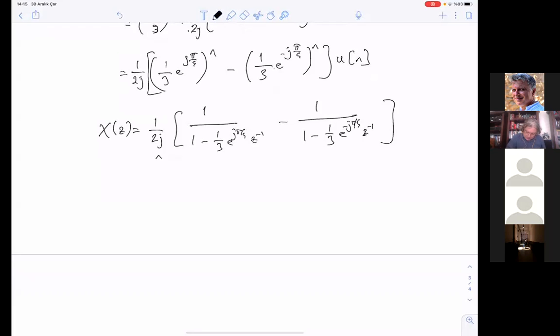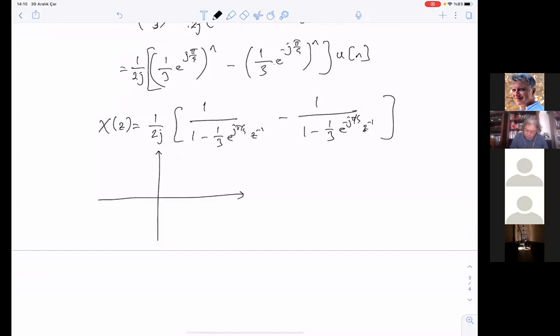But how can we locate the poles is more important. And can you tell me what is the region of convergence just by locating these poles? So the region of convergence is, first of all, magnitude of z is greater than something. Why? Because there is a u of n.